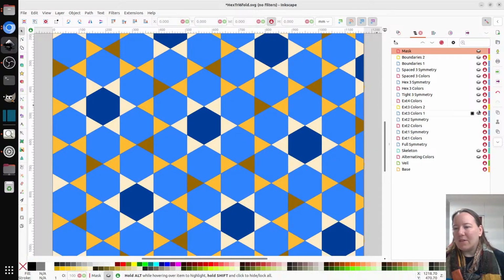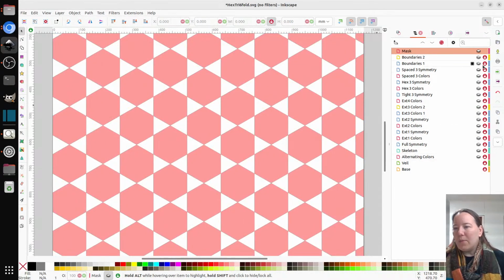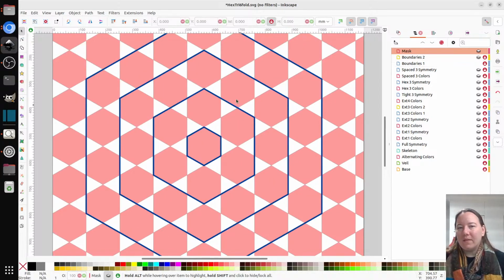And then if I turn all those colors back off, we can take a look at, okay, how would we fold this? That's what these boundary layers are saying. We have the central hexagon, so we're starting in the center, and then we move out and complete the ring outside of that. Now we want to do this in the way that keeps a smooth boundary as much as possible.